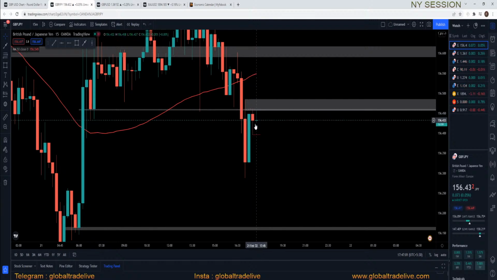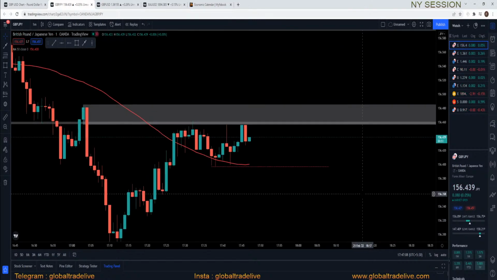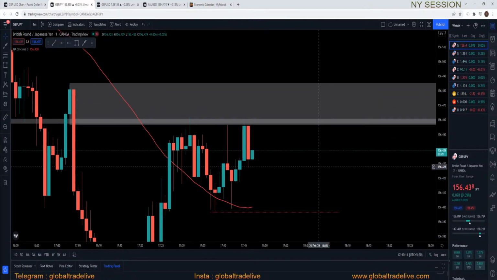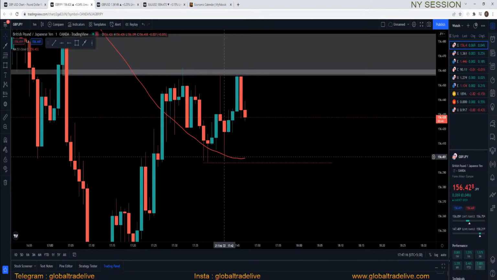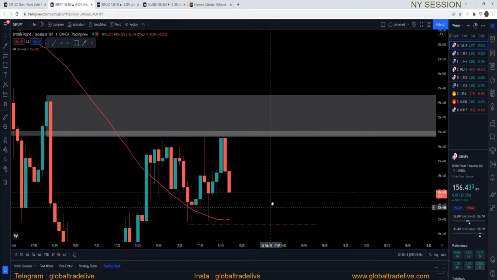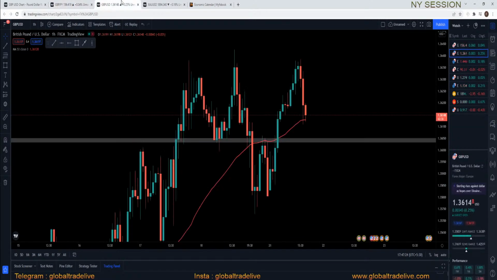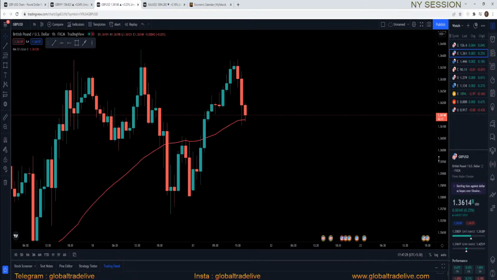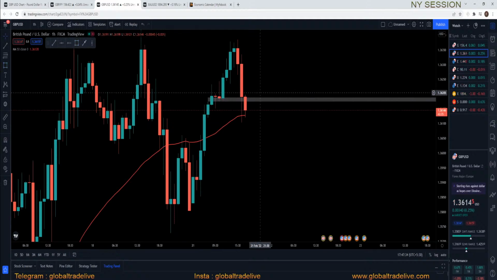If this 15-minute candle breaks this low over here, then this will be coming down. And GBPUSD 1 hour candle closed above this area, right?